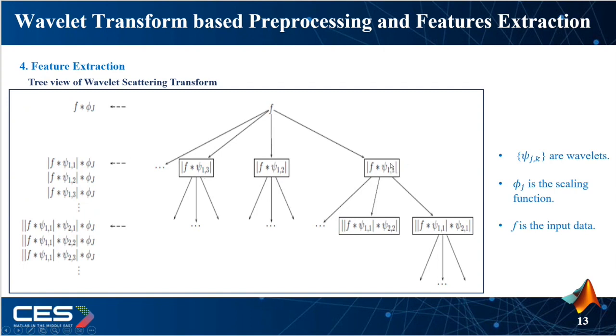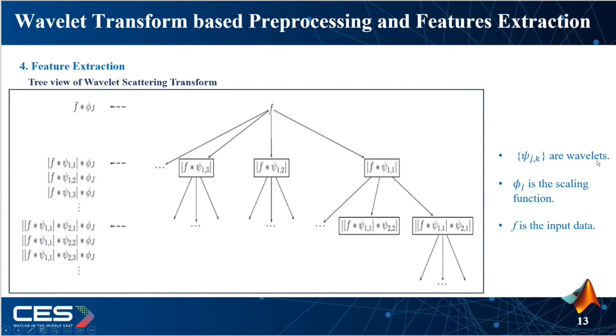And what you can see here are the wavelets at different scales and translations. As you can see, we apply the modulus, and then we average again. In the time domain, we apply a low-pass filtering process, and so on. So this is the notation.